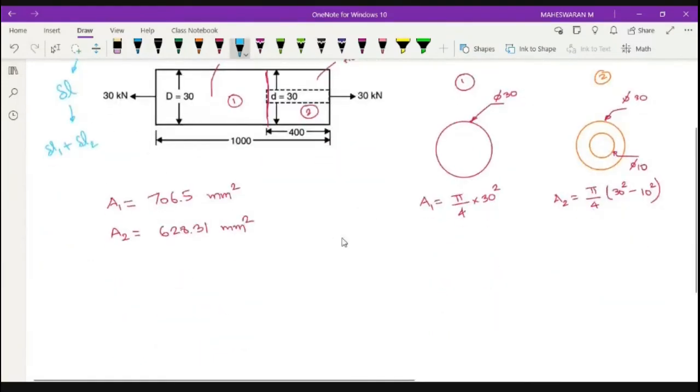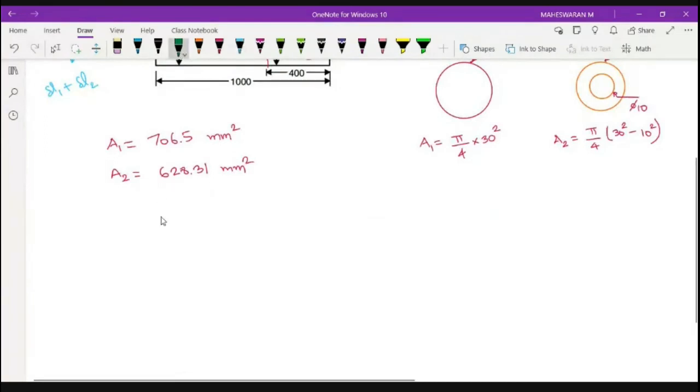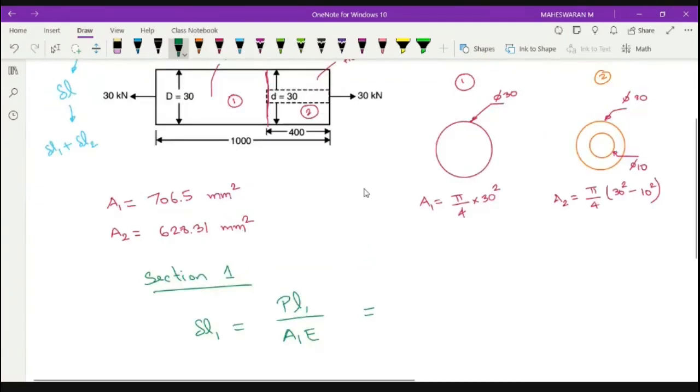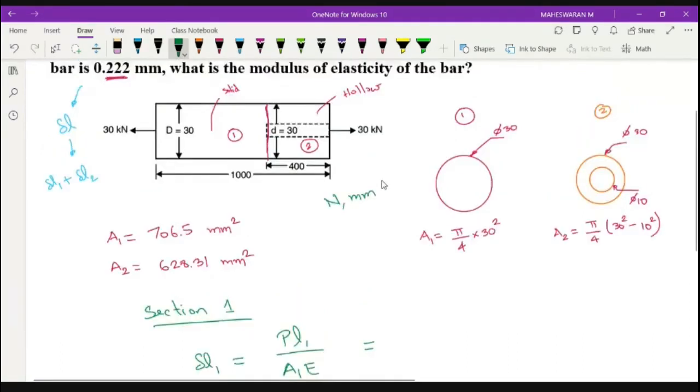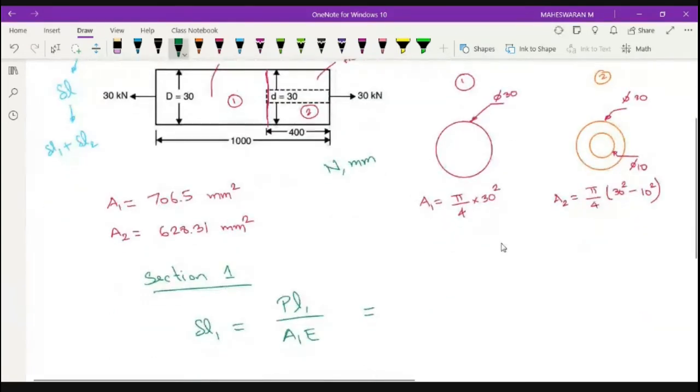So now let us identify one by one. Let me go for section 1 to identify del L1. What is my del L1? Del L1 is equal to P L1 by A1 E. This is the formula PL by AE. What is my P? I am solving everything in Newton and mm, so convert it accordingly. Your P is 30 kilonewton, which means 30 into 10 power 3, into L1.